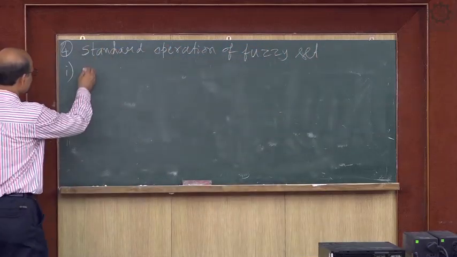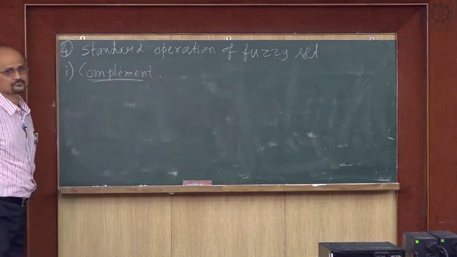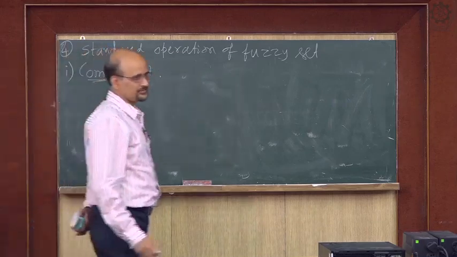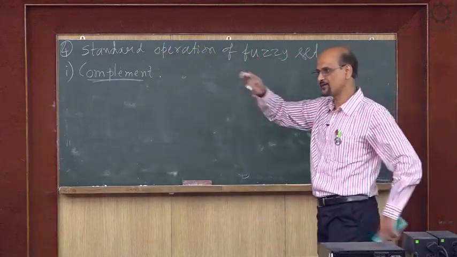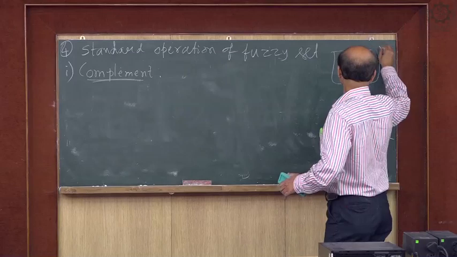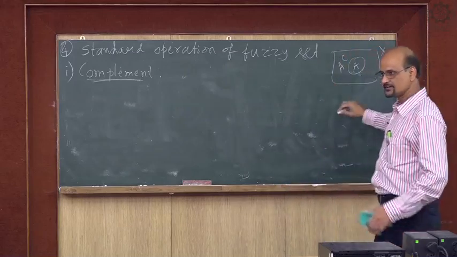First one, let us have complement. We know in classical set theory, if you have a set A, the complement is everything outside it, in crisp set theory.